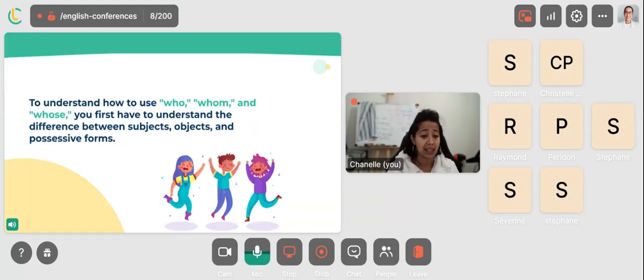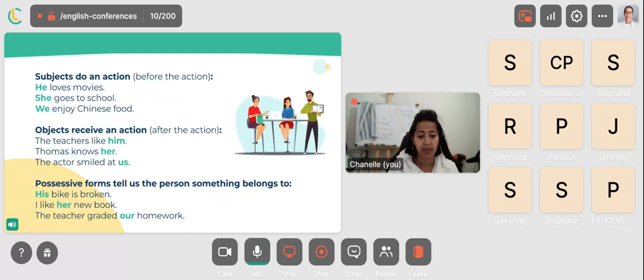To understand how to use who, whom, and whose, you first have to understand the difference between the subject, the objects, and the possessive forms. So subjects in a sentence do the action. For example, he loves movies.